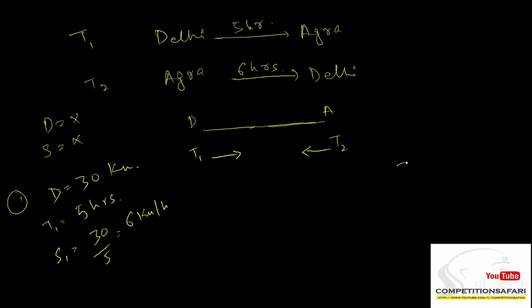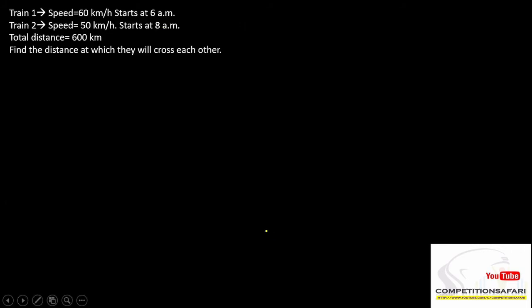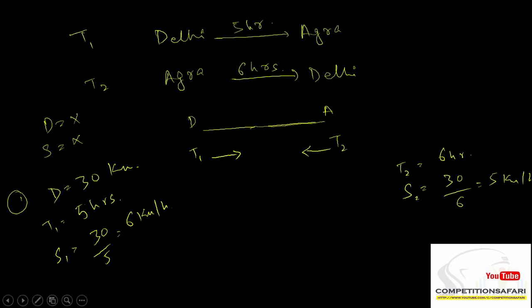For train 2, the time taken is 6 hours, so the speed becomes 30 by 6, which is 5 kilometers per hour. Now the relative speed should become S1 plus S2 because they are moving in directions opposite to each other. So it will be 6 plus 5, which gives you 11 kilometers per hour.